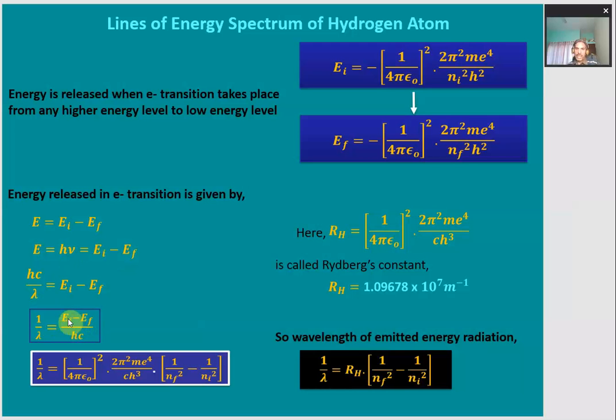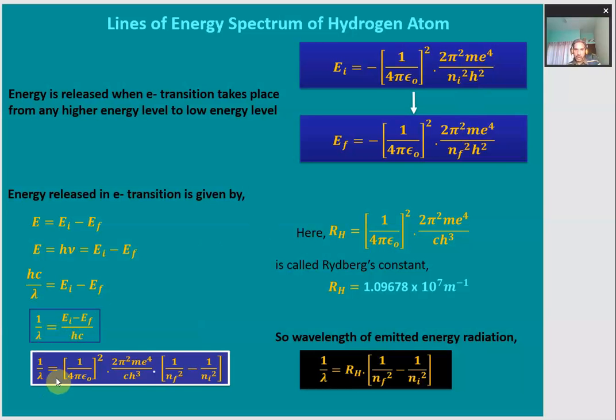So when we substitute these values of energy of the initial orbit and energy of the final orbit from these two expressions and make some calculation, we get the formula for the wavelength of the energy that will be released during the transition in case of hydrogen atom. Right?